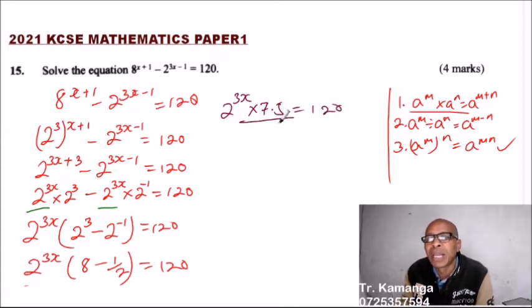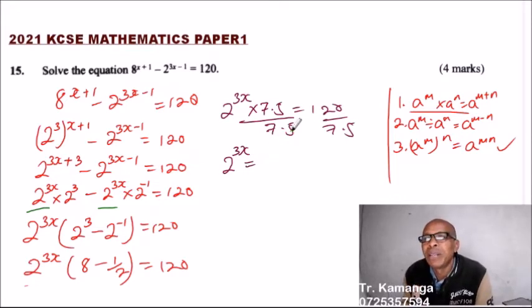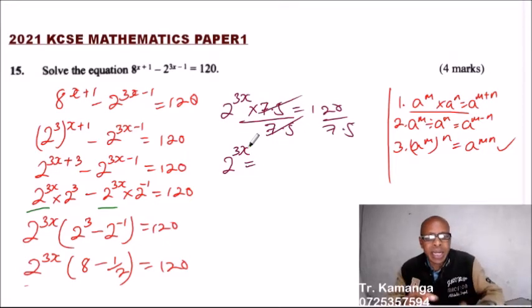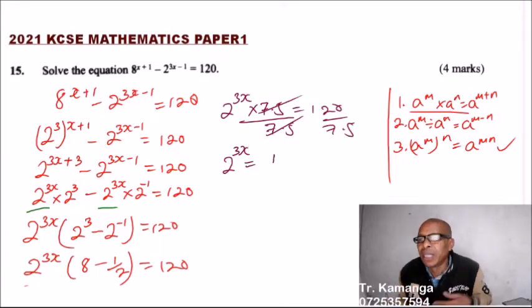So you divide both sides by 7.5, and you find 2 to the power 3x is equal to 120 divided by 7.5, and that should give you 16, which you can write in terms of 2.